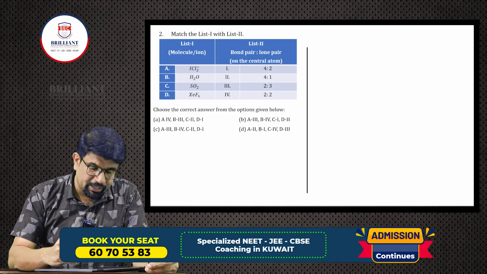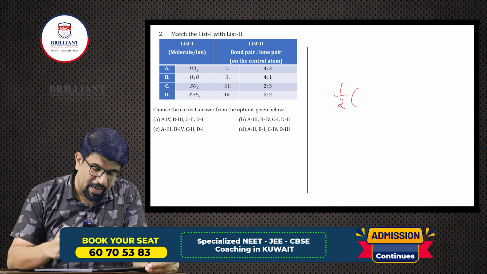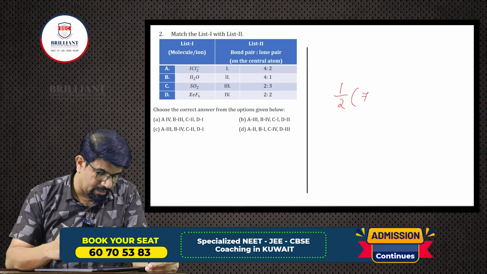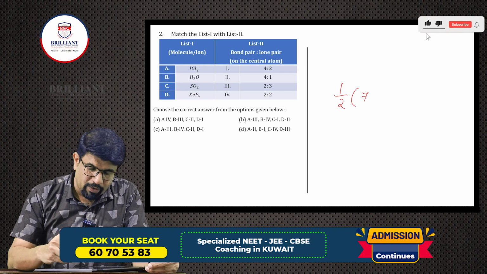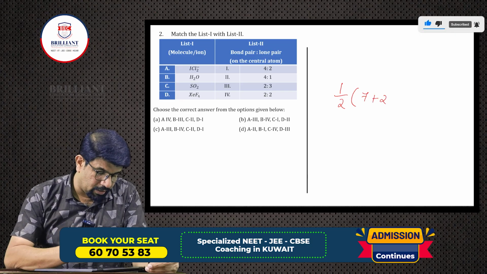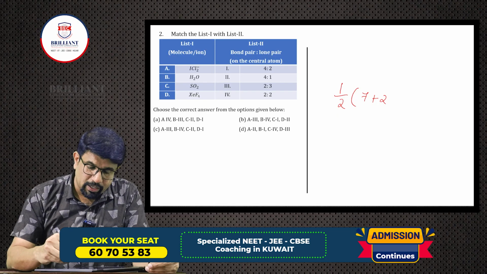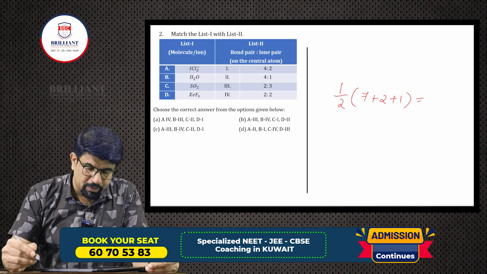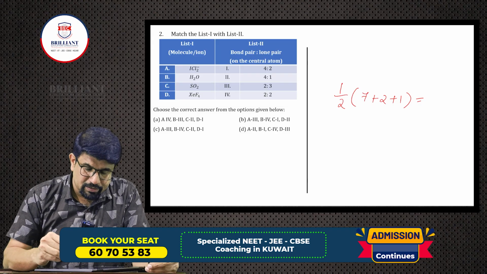For ICl2-, we have one equation, half into, the number of valence electrons of the central atom iodine is 7, the number of monovalent atoms is 2, and the charge is minus 1, so we add that. Then what will be the number of hybrid orbitals here? 7 plus 3 is 10, divided by 2, it is 5.